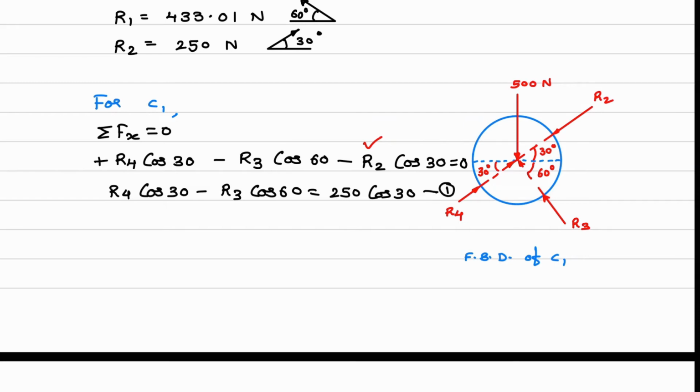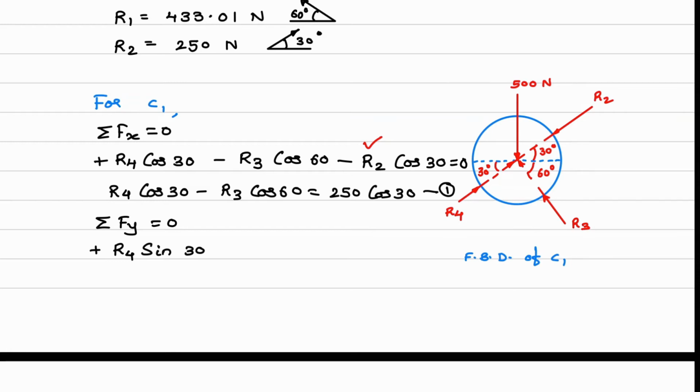Now we will write summation Fy equal to 0. In y direction, if you consider R4, its vertical component is in upward direction, and the angle of R4 with respect to horizontal is 30, so the vertical component will be sine: plus R4 sine 30.